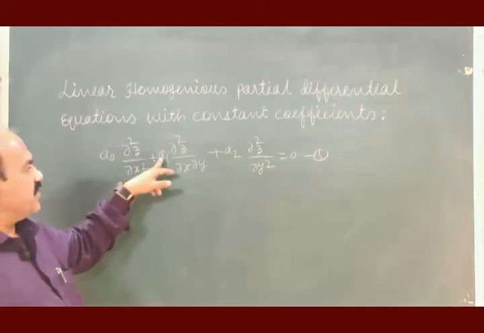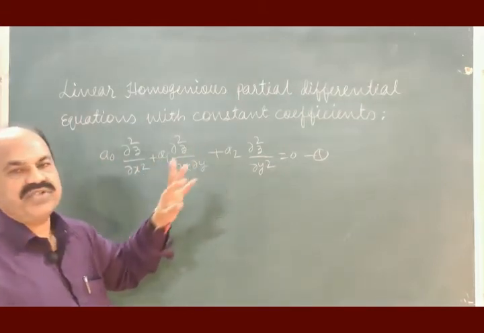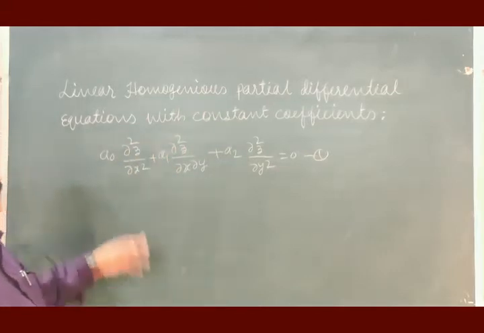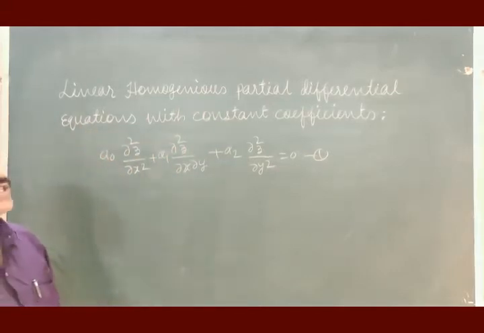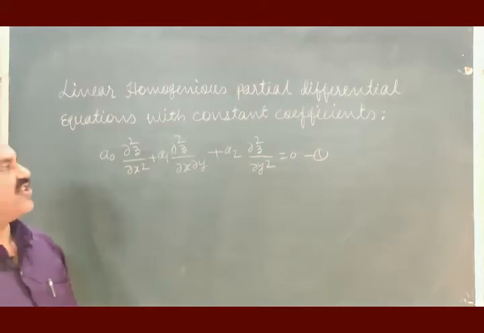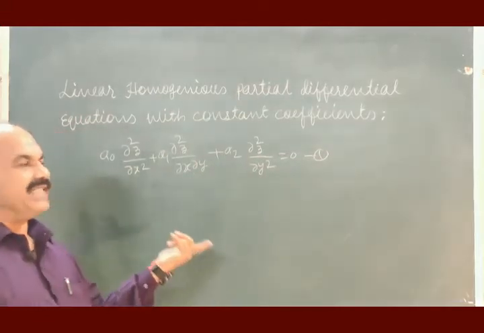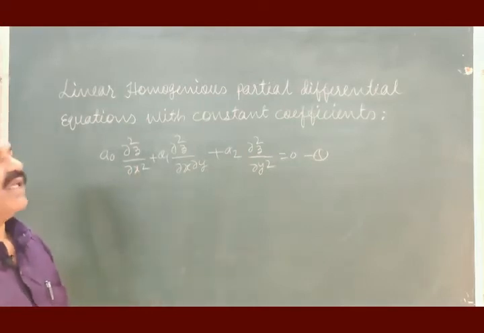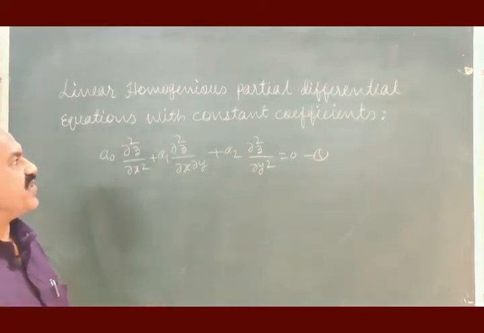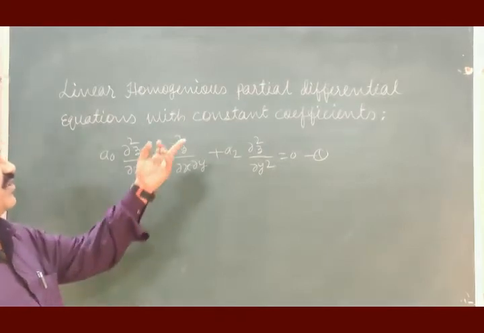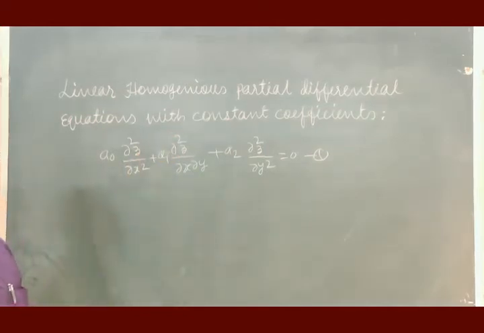Coefficients constant, and therefore this equation is known as linear homogeneous partial differential equation with constant coefficients. More correct name for this equation is linear homogeneous partial differential equation of second order with constant coefficients.